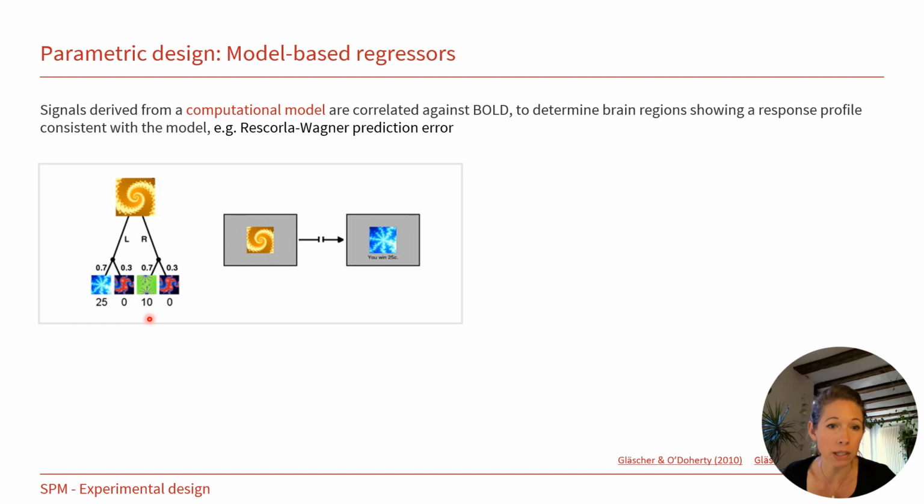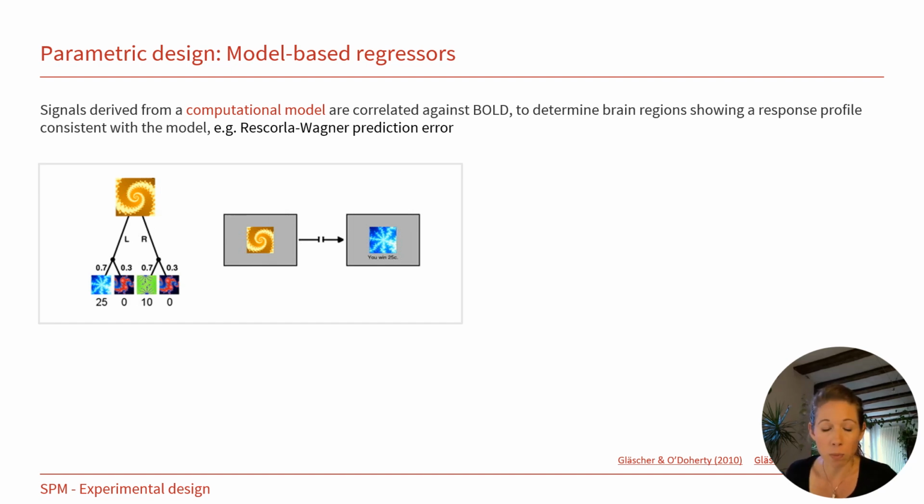When pressing the right button, they had a 70% chance to only win 10 cents. And there's also a lower chance, but also a chance that they would not win anything. So over the course of the experiment, subjects learned predictions about obtaining a reward.